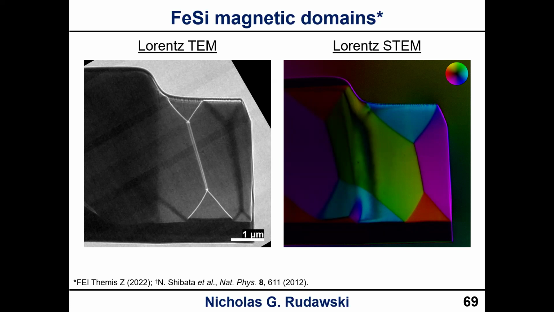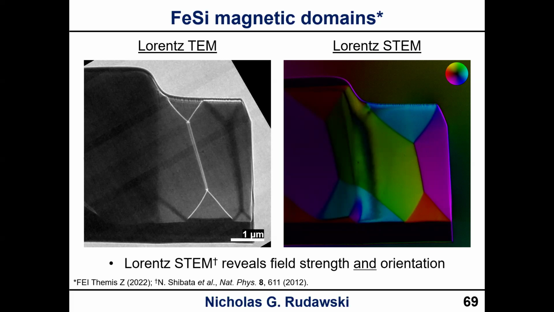We have a magenta domain basically on the right. You also notice that there isn't perfect correspondence between the left and the right images. That is because between the left and right images, the sample, I remember, was exposed to the internal magnetic field of the objective lens, and so that presumably altered the domain structure, as you can imagine. That's why it doesn't look perfectly the same.